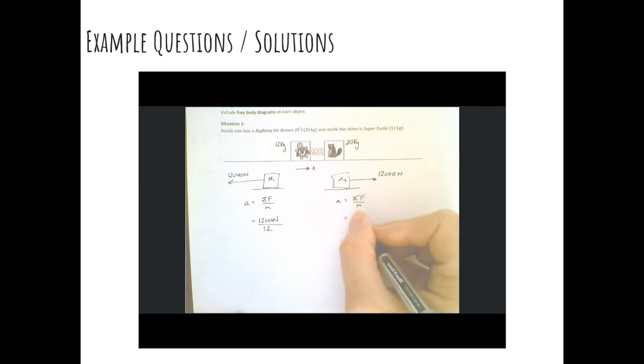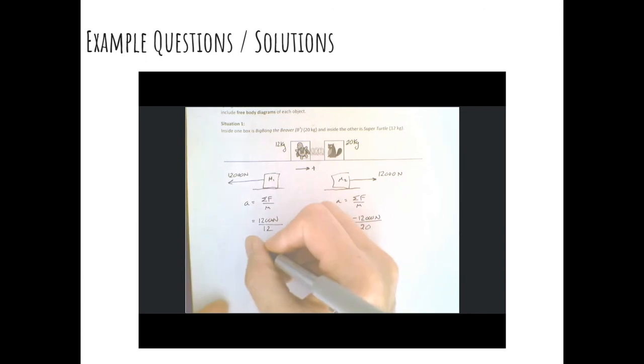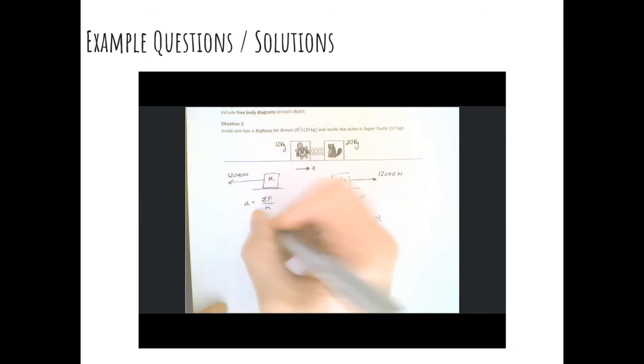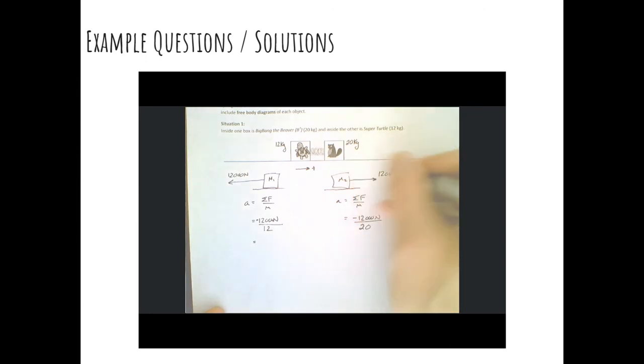And over here we have negative 12,000 newtons, and the mass of the beaver is 20. At this point, you're just simply plugging in your numbers, and we knew that the turtle, which has less mass, is going to accelerate more. We already understand that from Newton's second law. So the turtle's acceleration is negative since it's going the opposite way, and the beaver's is positive.